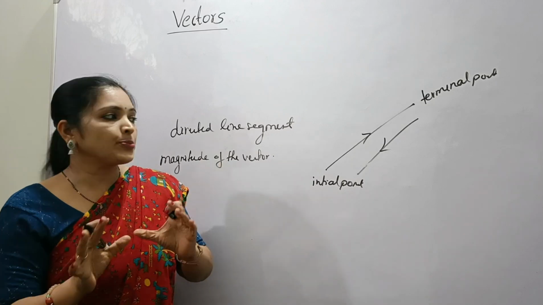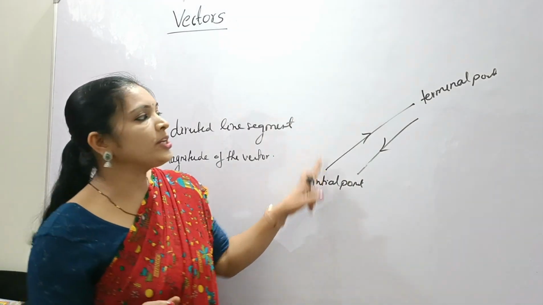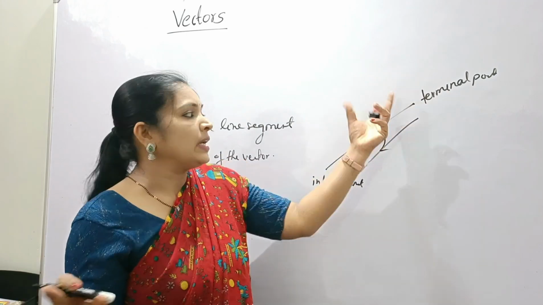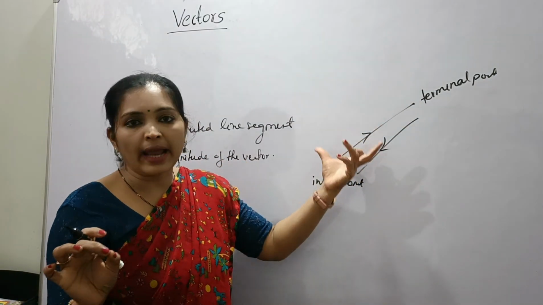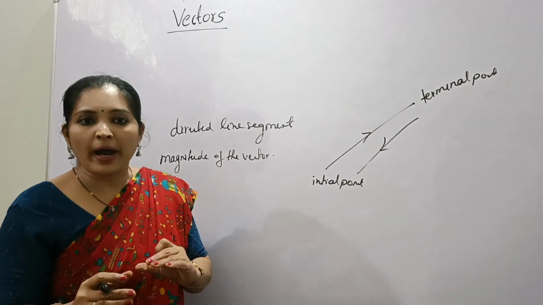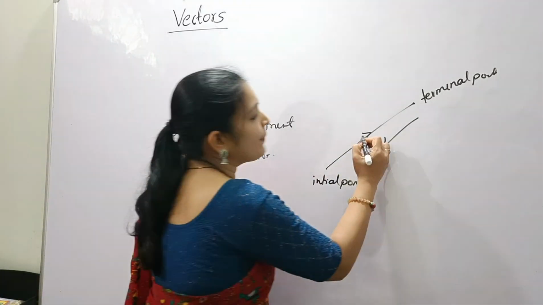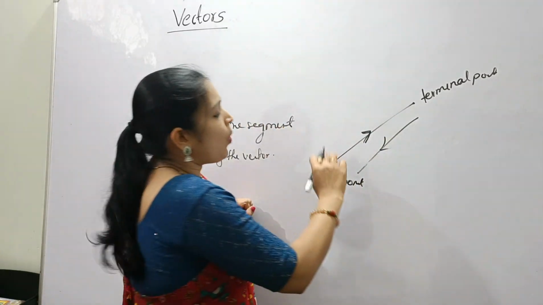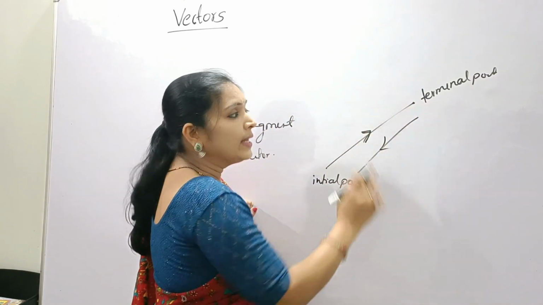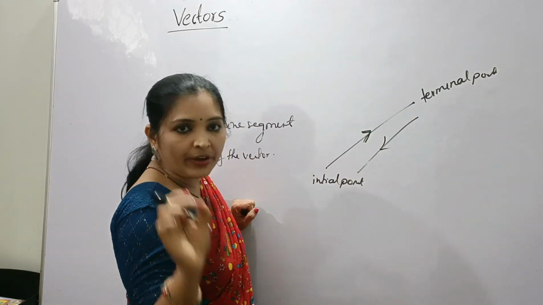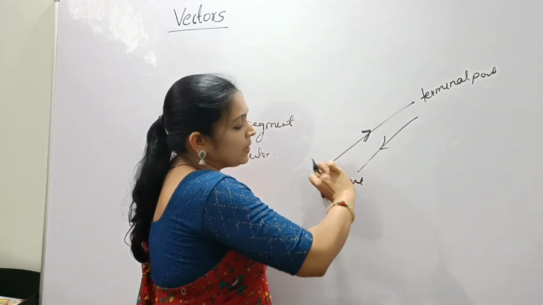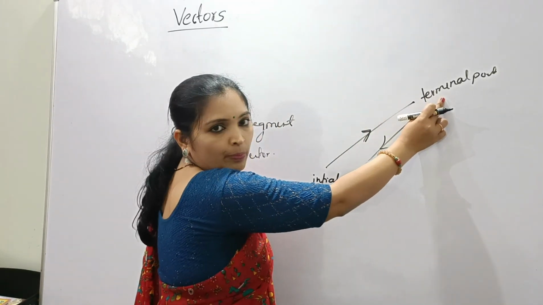And the direction of the vector is indicated by an arrow pointing from the initial point to the terminal point.